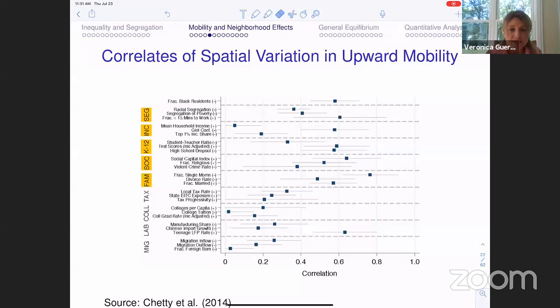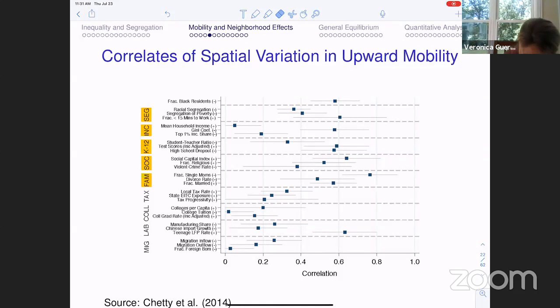So one exercise that they do is to try to see what are important objects that correlate with this variation in upward mobility. And you can see that some of the objects are the ones that we have been focusing on.